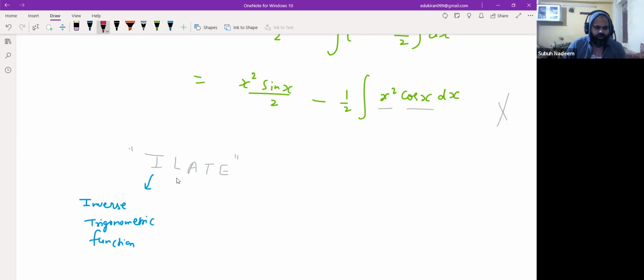L stands for logarithmic function. A stands for algebraic function. T stands for trigonometric function. And E stands for exponential function.